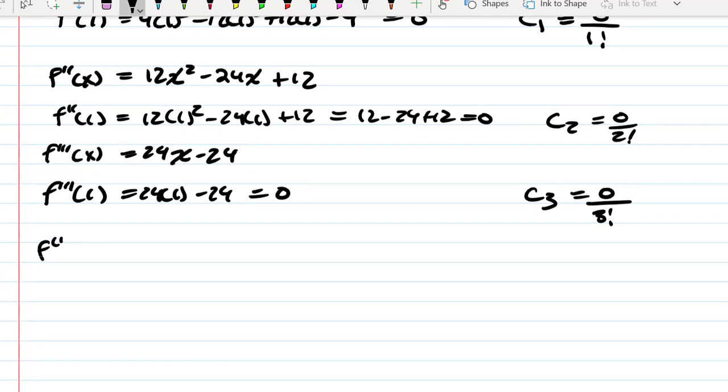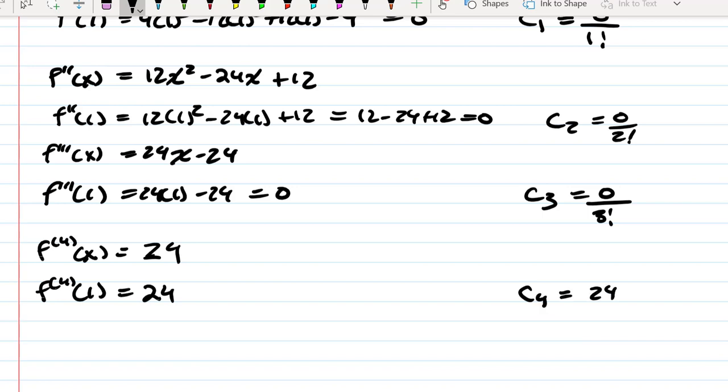Finally, we take the fourth derivative, and we get 24. And the fourth derivative, evaluated at 1, is going to be 24. So that gives us that c sub 4 is equal to 24 over 4 factorial. Well, 4 factorial is 24, so c sub 4 turns out to be 1.